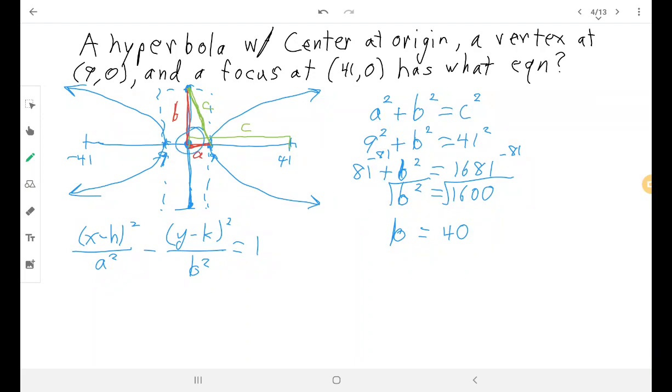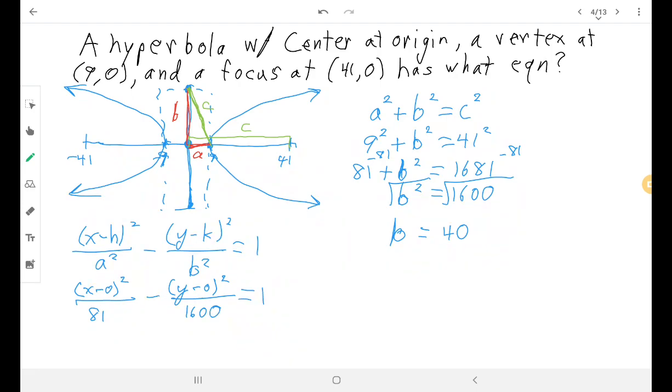Our center is at the origin, so we're at 0, 0 there, so it's x minus 0 squared over a squared. A is 9, so 9 squared is 81, minus y minus 0 squared over b squared, which is 1600 from my calculations.